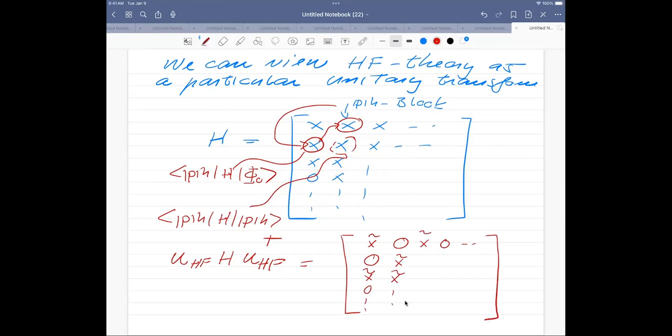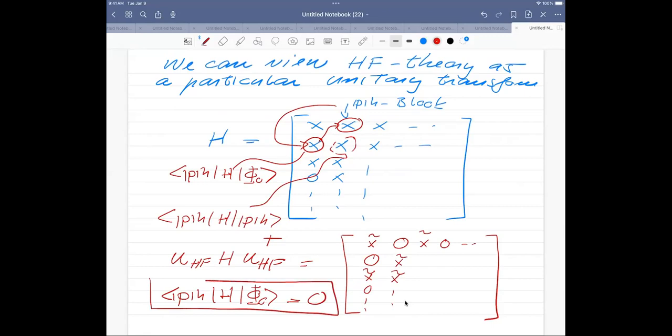But what it's doing now is zeroing out. So what we are going to end up with is a one particle, one hole block. And this is a Hermitian matrix. So I can take the transpose of that set of matrix elements, and these are going to be equal to 0. So this is what Hartree-Fock theory is actually going to do for us. So you can view technically, if you take the FCI calculations as your starting point, what we are doing now as a specific unitary transformation.